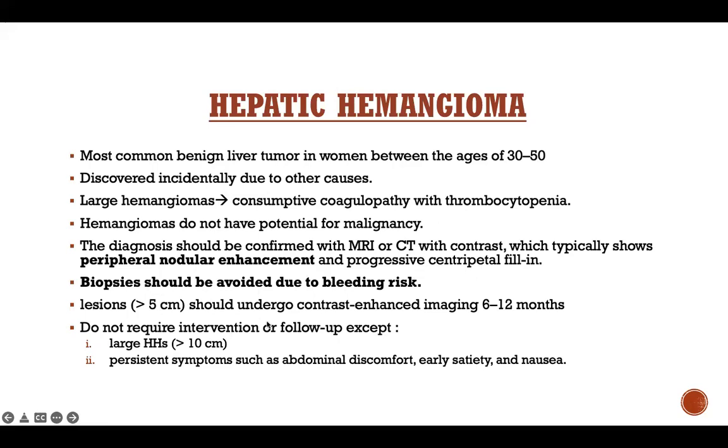Biopsy is contraindicated in patients with hemangioma because of the risk of bleeding. If the lesion is more than 5 centimeters, we go for follow-up every 12 months. Surgery is not indicated for all patients, but if there is a large hemangioma more than 10 centimeters, or if there are persistent symptoms like abdominal pain or discomfort, nausea or vomiting.